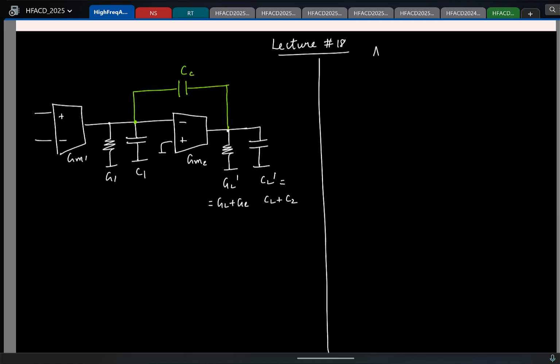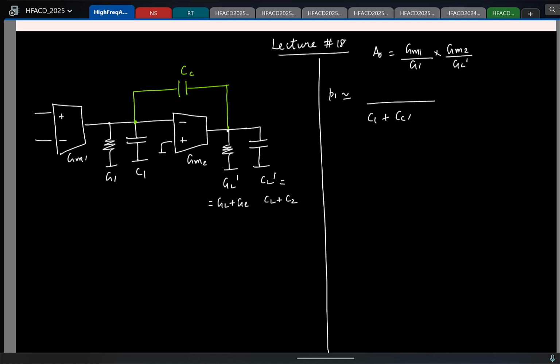So what is the DC gain for this fellow? GM1 by G1 times GM2 by GL prime. And we have how many poles in the system? So what is the low frequency pole approximately? Let me first ask, tell me the total capacitance. Here I have C1 plus CC times the DC gain for the second stage.